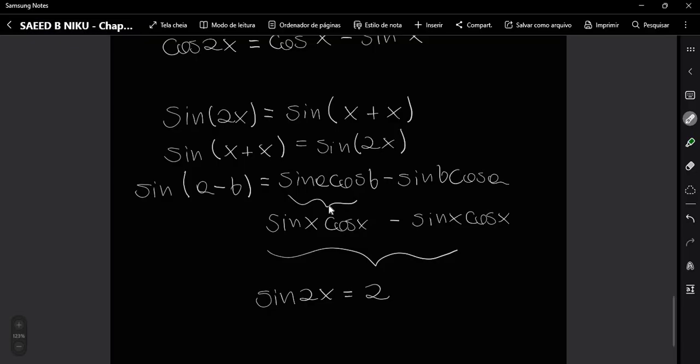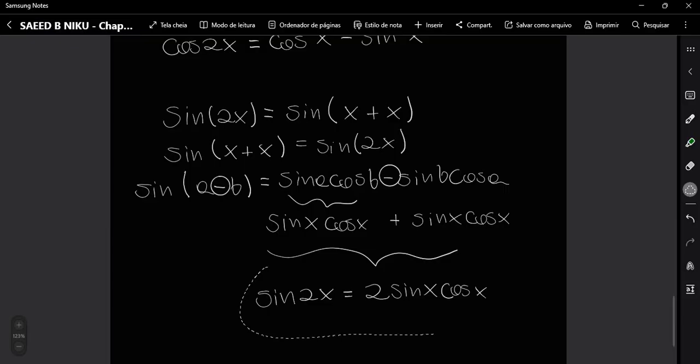and this is equal. Now, if you can notice, these terms are equal, so actually right here this sign changed to a plus, because of this operation right here, so this is 2 sine of x times cosine of x.